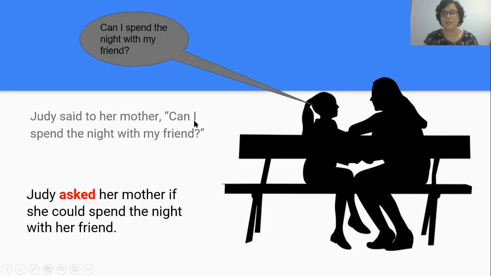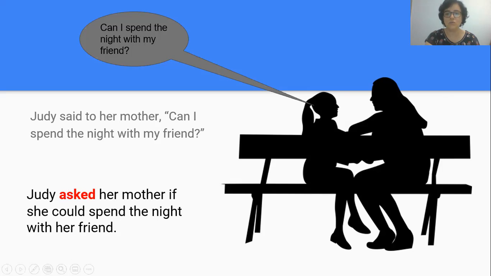Not could she, but if she could. Right? She could. You have to interchange the verb and the pronoun. It's a must. Okay? If she could spend the night with not my friend, but her friend. Her friend. Change the pronoun. Her friend because it's the girl speaking.